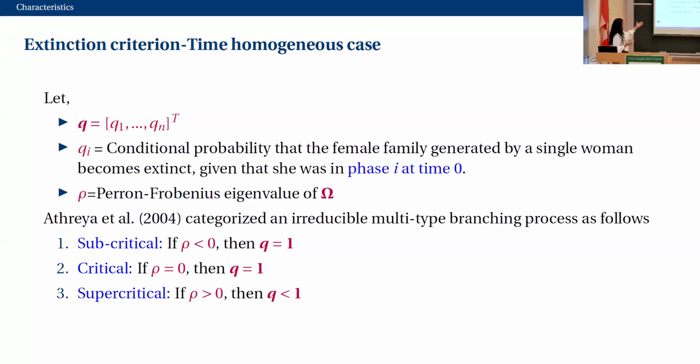It's based on the Perron-Frobenius eigenvalue rho of omega. It says if rho is less than 0, every entry of Q will be equal to 1. That's a subcritical process. Then if rho is equal to 0, every entry of Q would be equal to 1, and that's a critical process. And if rho is greater than 0, every entry of Q would be strictly less than 1, and that's a supercritical process.